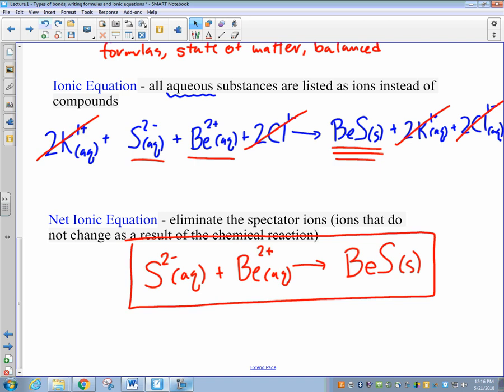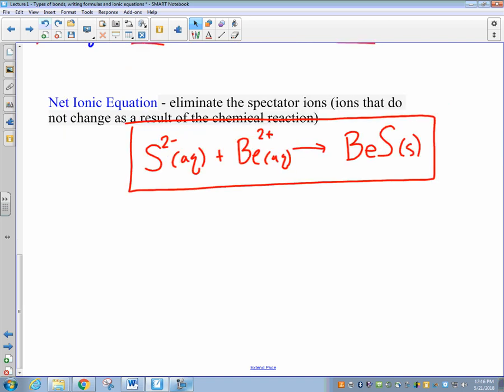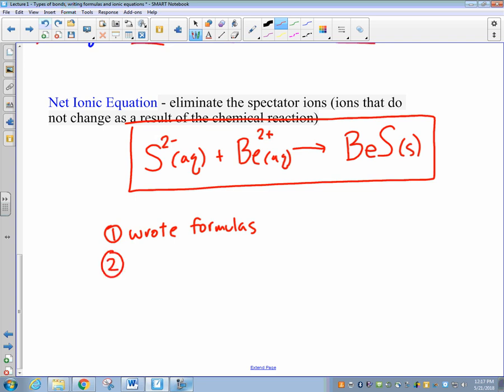So, in terms of an overall pathway for how we've gone through and done this entire process, step 1, we wrote out the formulas for all of our ionic compounds. Number 2, we use those formulas to write a molecular equation, and in doing so, we checked a couple of different criteria.